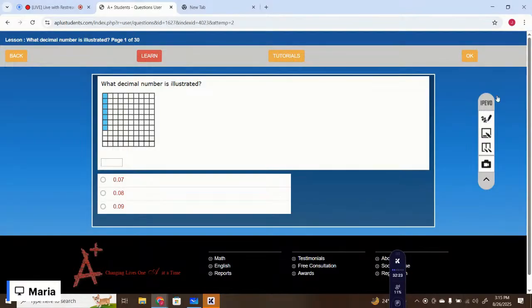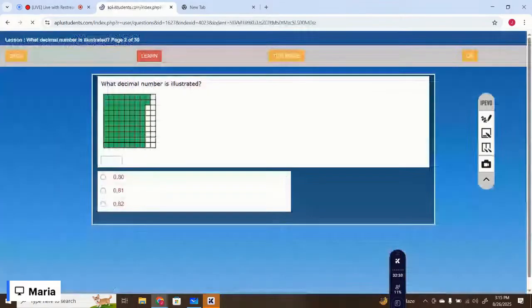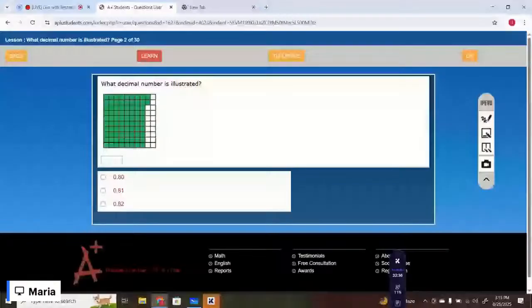So that is 0.07. What decimal number is illustrated?